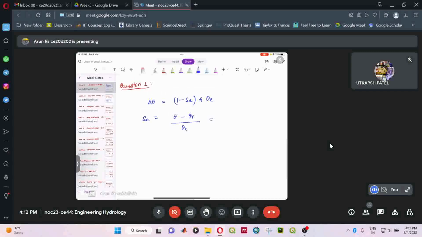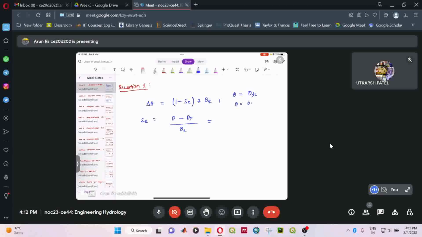So here we are given a condition. We need to take the initial moisture condition equal to the field capacity, and the field capacity for the given soil is 0.2586. This is given in the question.